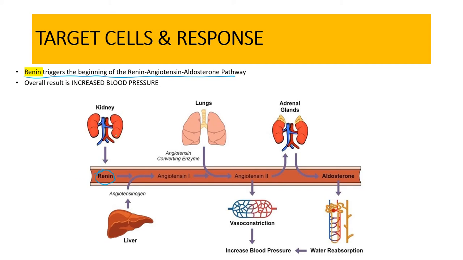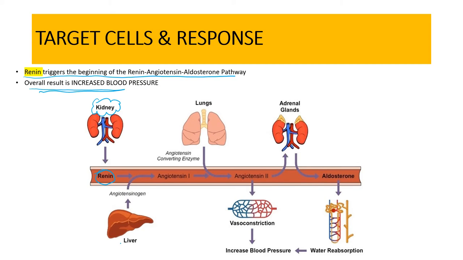Notice it came from, they're just using a general picture here, kidney, we know specifically renin came from the juxtaglomerular cells of the kidney. Now, I'll go ahead and mention the overall result of renin secretion is increased blood pressure, but we'll get to that in a second. So the drop in blood pressure results in renin being secreted from the kidney.